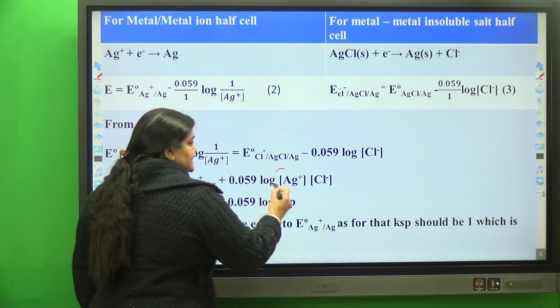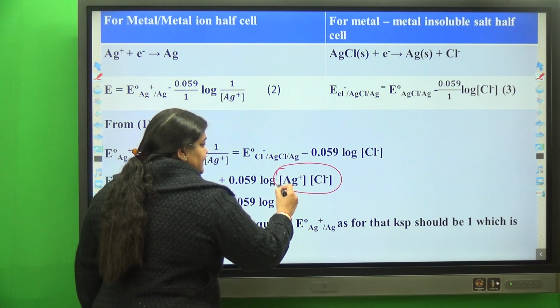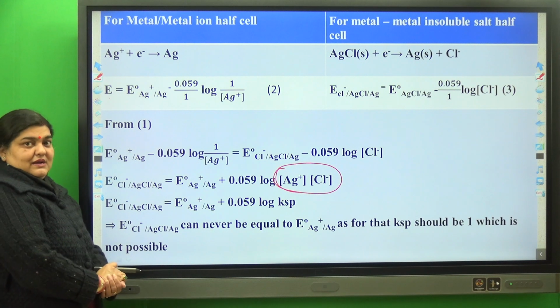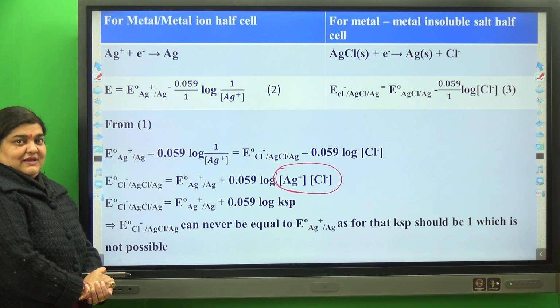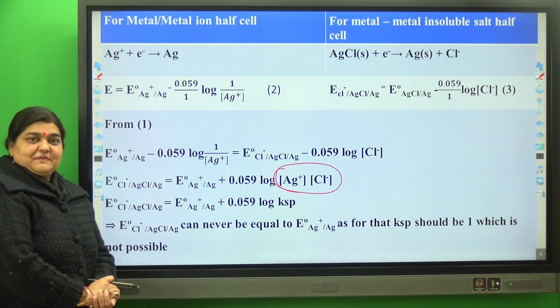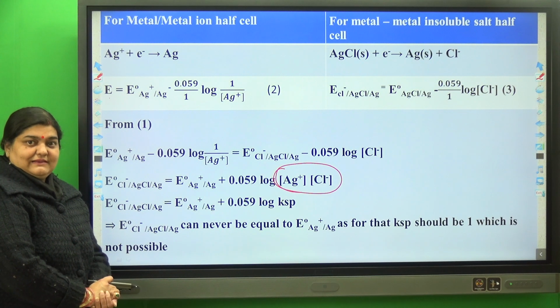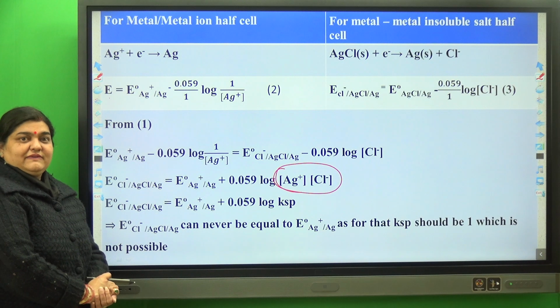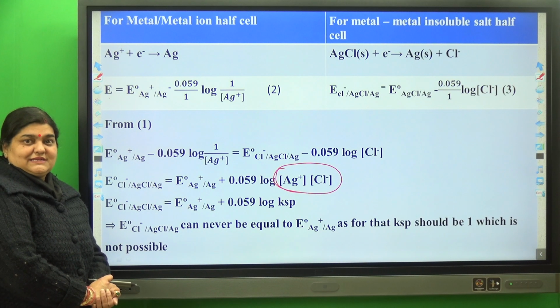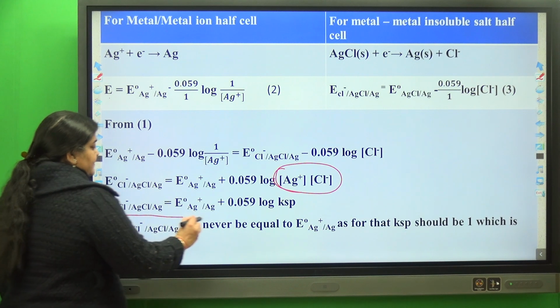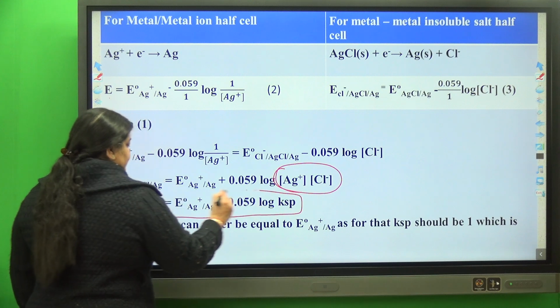This term is Ksp in saturated solution. So whenever we are finding a relationship between metal ion half cell and metal coated with its insoluble salt dipped in common ion half cell, this is the relationship which we get.